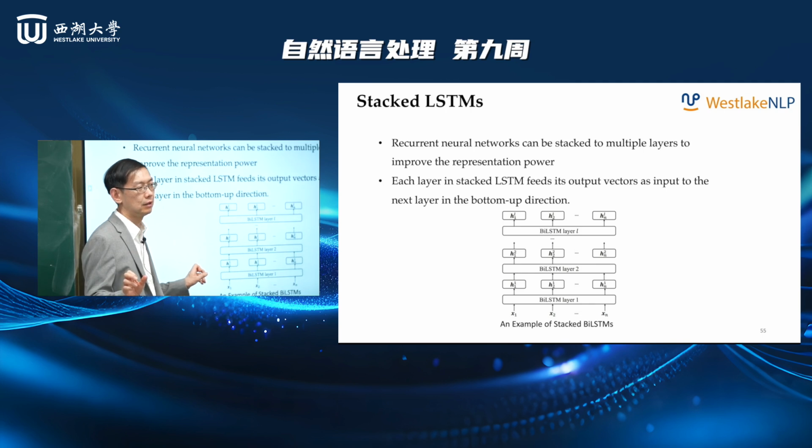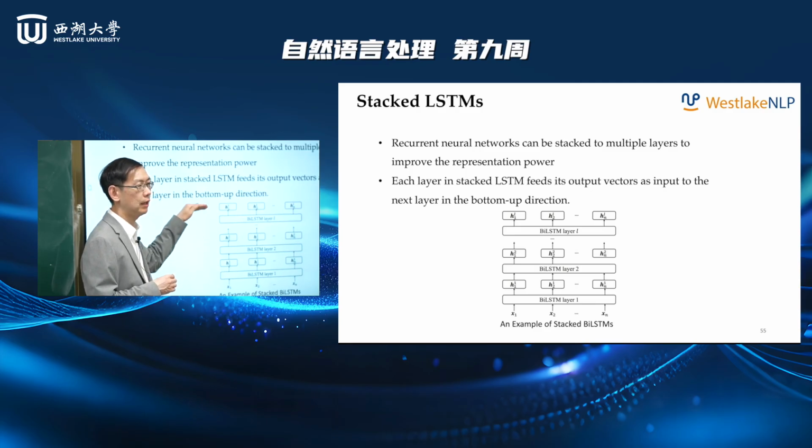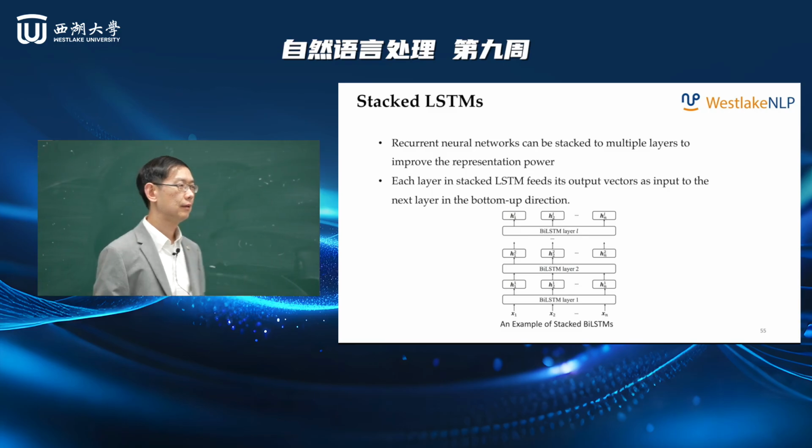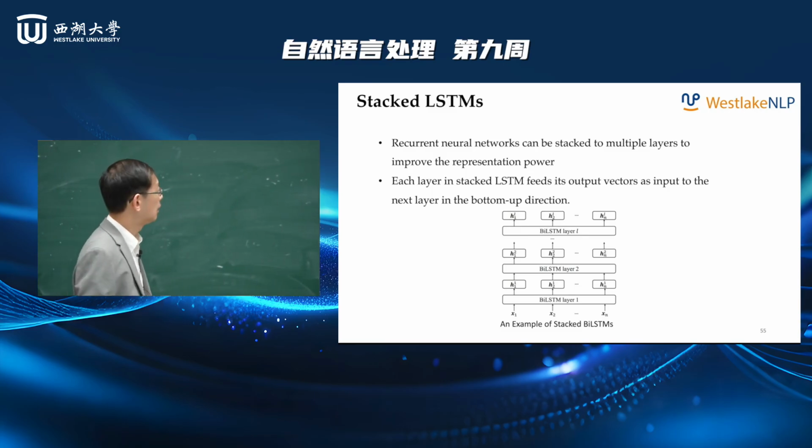If that is not enough, you can stack a third LSTM layer by taking the second layer output as input. Stacking LSTMs this way gives you a multi-layer neural network. This is very important, and it is called stacked LSTMs.